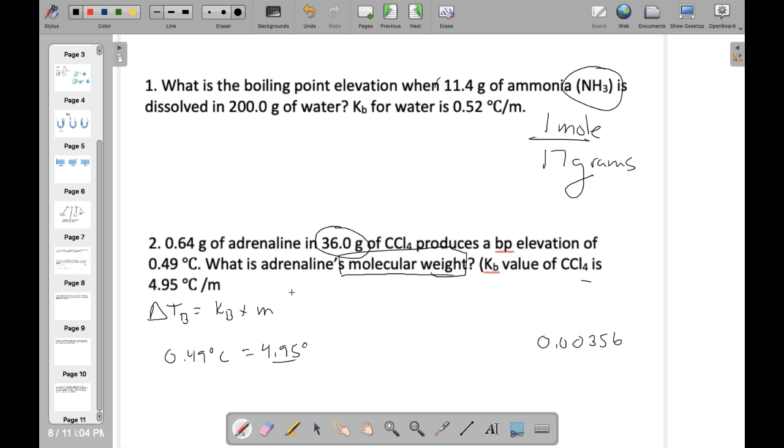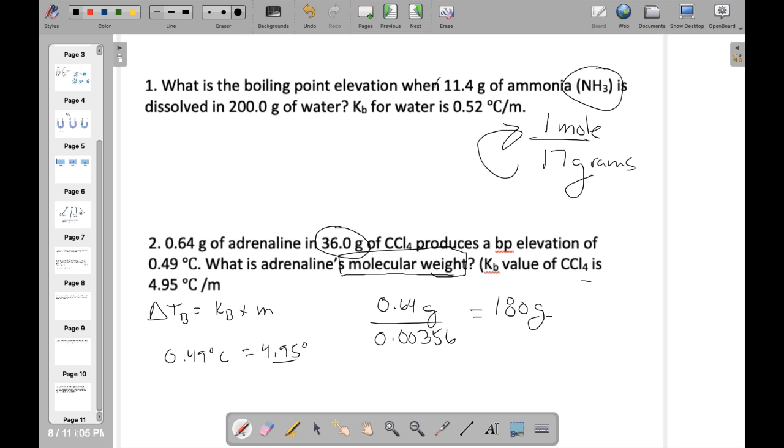So I know I have 0.64 grams, and I know how many moles I have, 0.00356. I take 0.64 and divide that by 0.00356, and as it turns out, I get about 180 grams per mole. That is the molecular weight of adrenaline. So if I figured out the formula of adrenaline, and then went to the periodic table to add it up, it would be about 180 grams per mole. Wow.